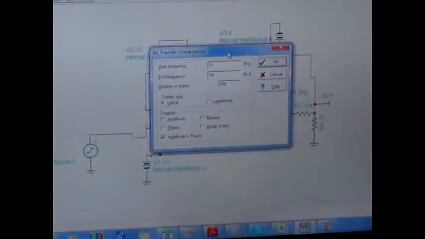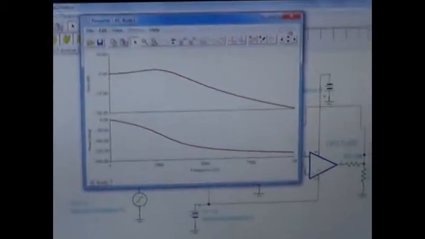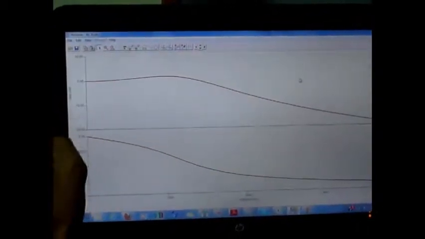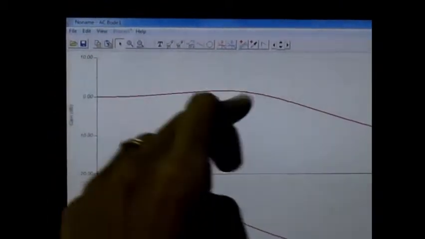So we feed the frequency from 1 kilohertz to 1 megahertz, and these are the simulation results where the gain is constant at 0 dB for a certain range of frequency, and there is a small deviation from the ideal graph, which should be a straight line until here.